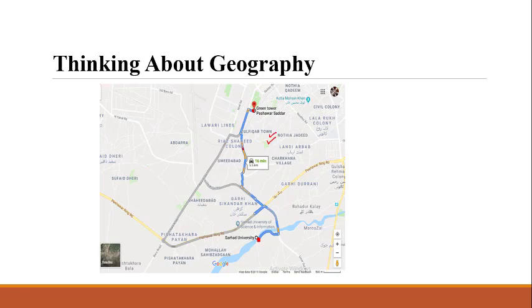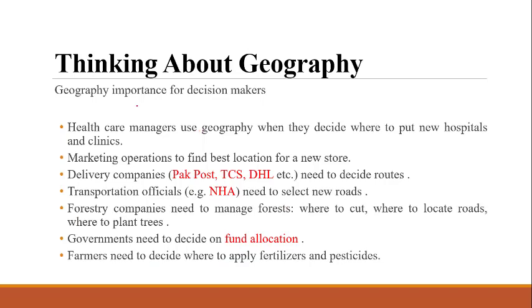Especially it is helpful in the cities where we want to go, and it gives us the location of that particular space. Geography is important for decision makers. It can help health managers decide where to put new hospitals and clinics, and marketing operations find the best location for a new store. Delivery companies like Pakistan Post, TCS, and DHL need to decide routes.